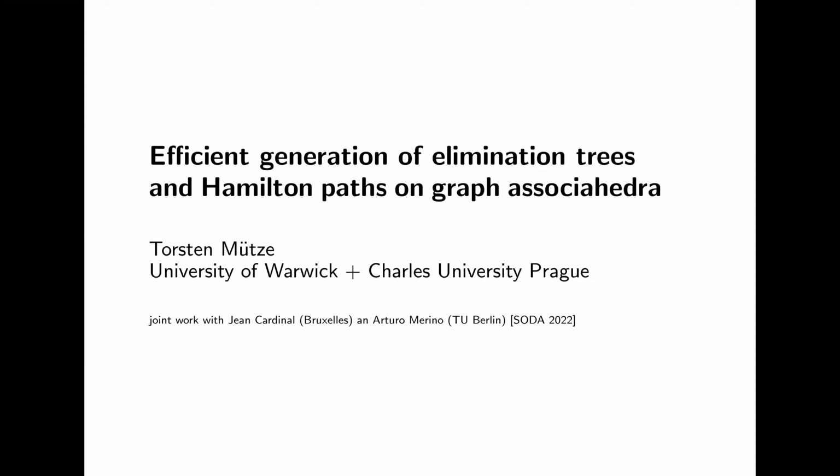He is well known for his work on combinatorial generation and Hamilton cycles in highly symmetric graphs, in particular for the solution to the middle levels conjecture. I also had the pleasure to participate in part of this research. It was about Hamilton cycles in Kneser graphs. And today, Torsten is going to tell us about efficient generation of elimination trees and Hamilton paths on graph associahedra, which is a work accepted to SODA 2022.